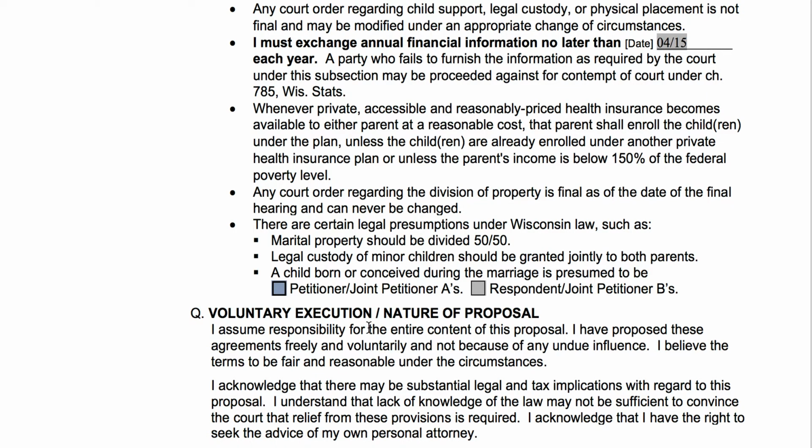So if you're in a situation where one of the parties is female and one is male, you're going to check the male party here. In our situation, that would be John, who's been our respondent and joint petitioner B. If John's name had been listed first, if he were petitioner or joint petitioner A, we would check A.